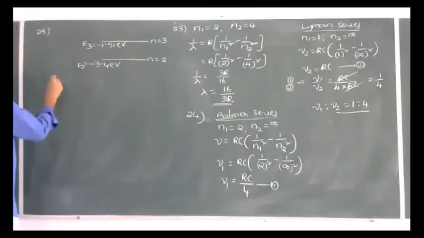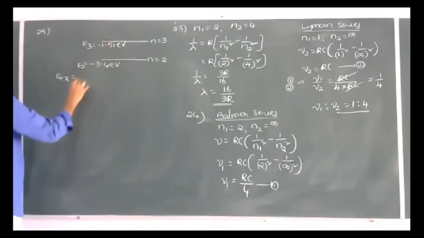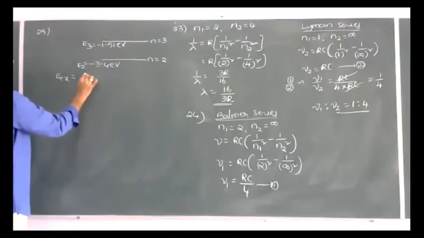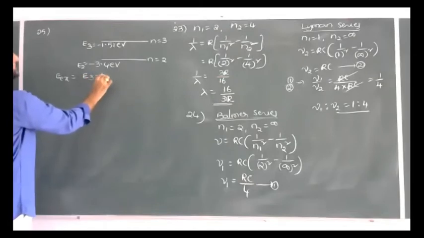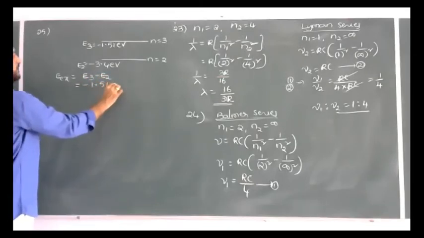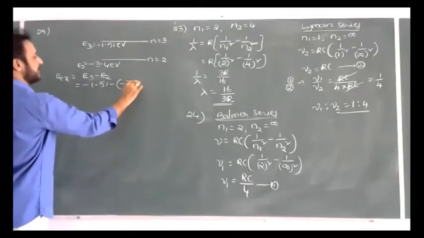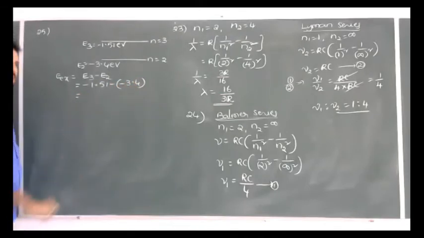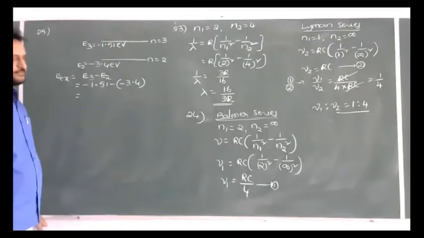I'll take excitation energy is equal to subtracting both values, that is E3 minus E2, which is equal to minus 1.51 minus of minus 3.4, that equals 3.4 minus 1.51.